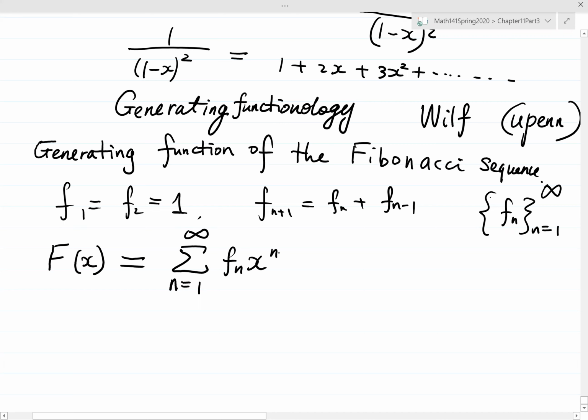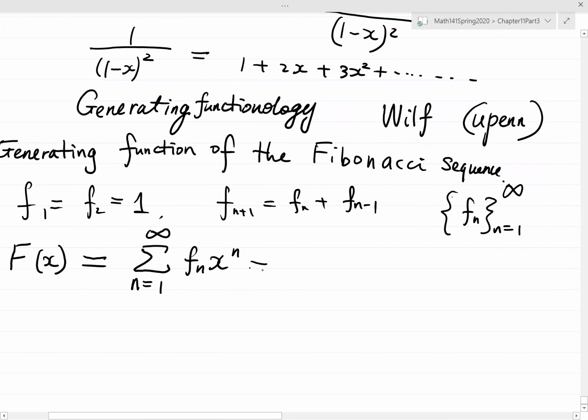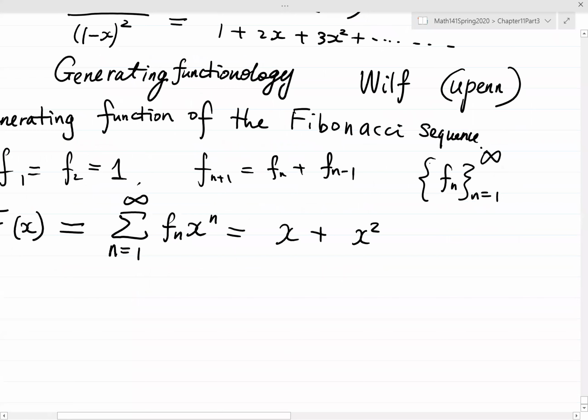Now we use a property of the Fibonacci numbers. If you write down several terms, the first term f1 is 1, so when n is 1, we get x. When n is 2, we get x squared, and f2 is 1, so the coefficient is 1. Then we get degree 3, f3 x cubed, f4 x to the power 4, etc.